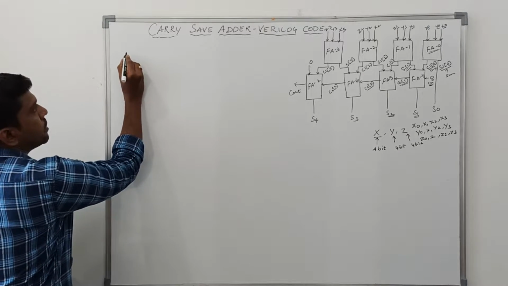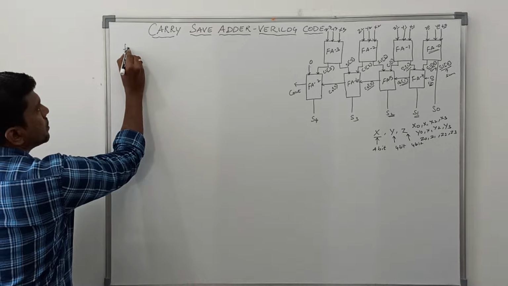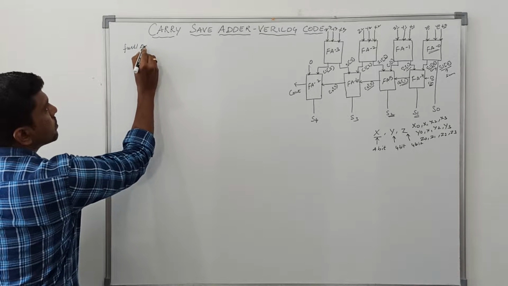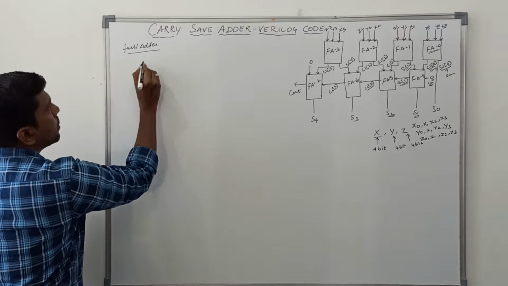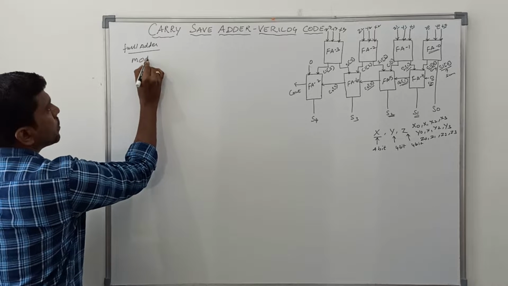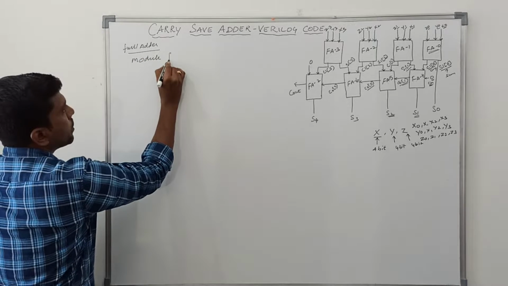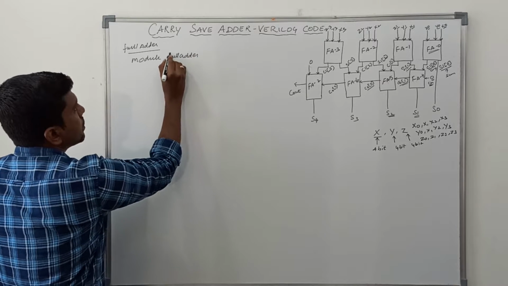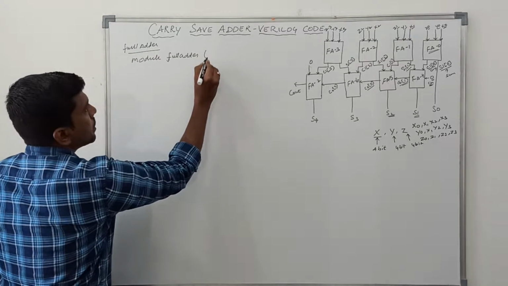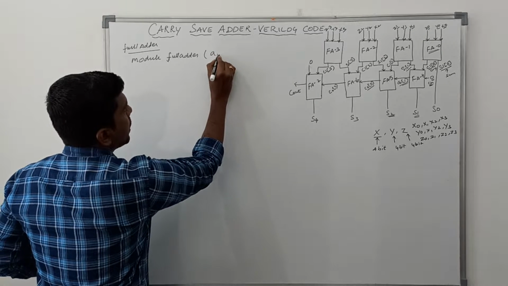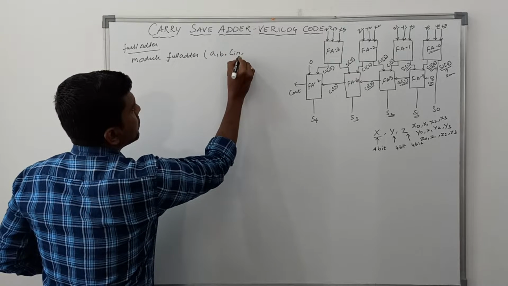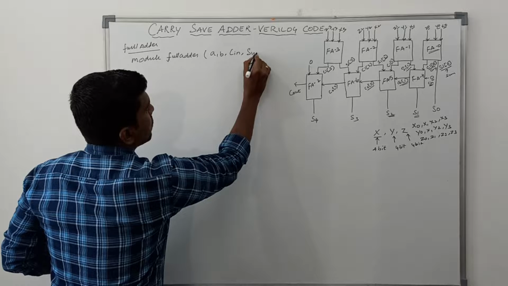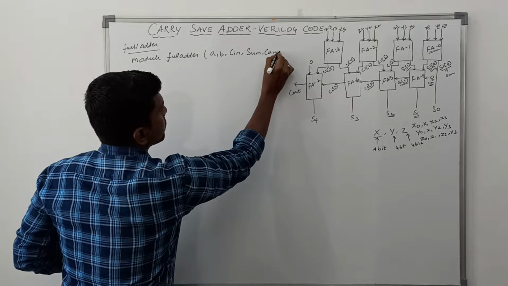First I write the Verilog HDL code for the full adder. For the full adder module, first you write module, then the module name, full adder. Then the corresponding input signals A, B, C in, then the outputs sum and carry.